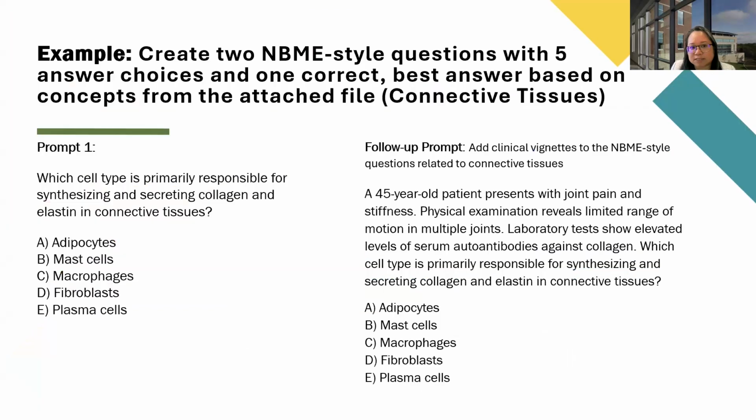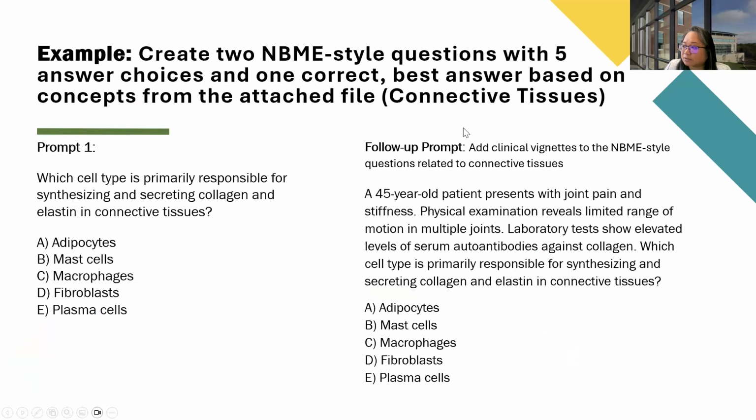This was an example of the prompt and the type of questions that they would be receiving when I explained it to them. Prompt one was based on a connective tissue handout or file that I uploaded, and I told them that most of the information they give you is more for recall, straight identification questions. So this is the response from prompt one.